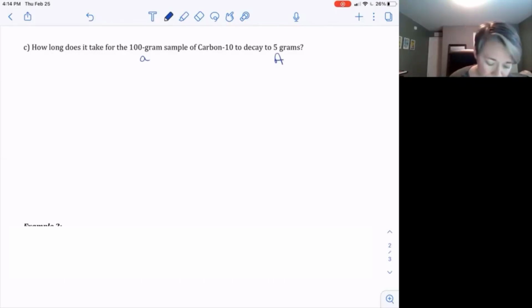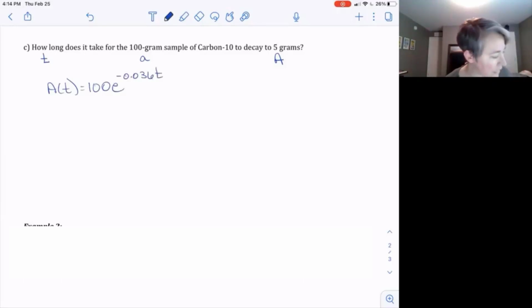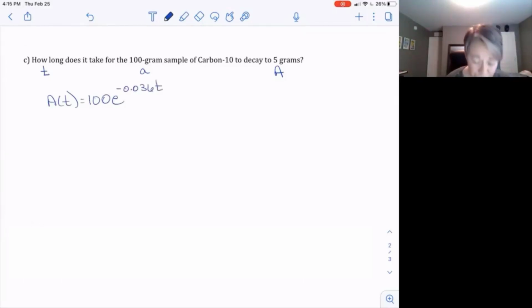So they're asking us to find t. So remember our original formula again was A(t) = 100 e^(-0.036t). So they're giving us 5 grams as our output. So let's solve for our t.